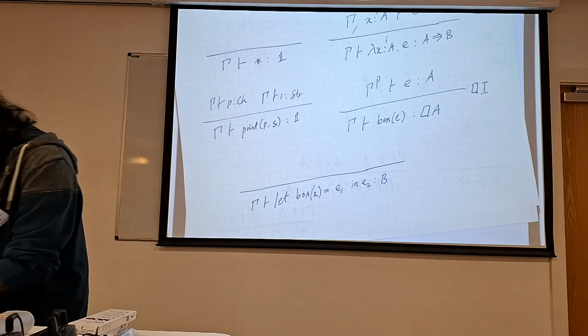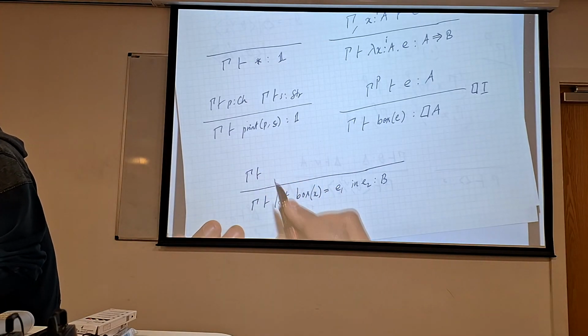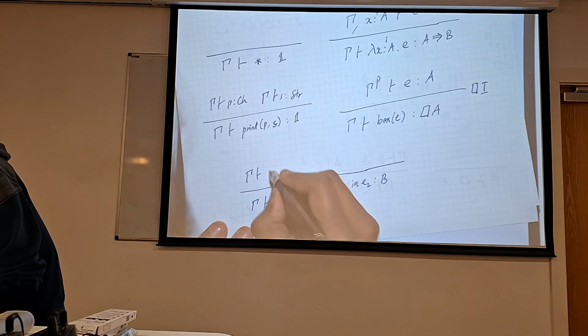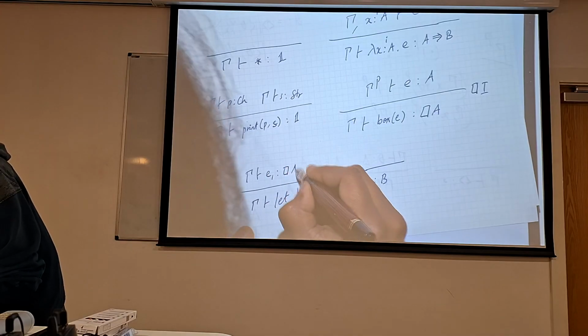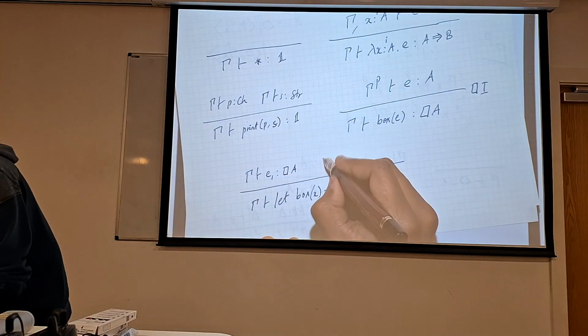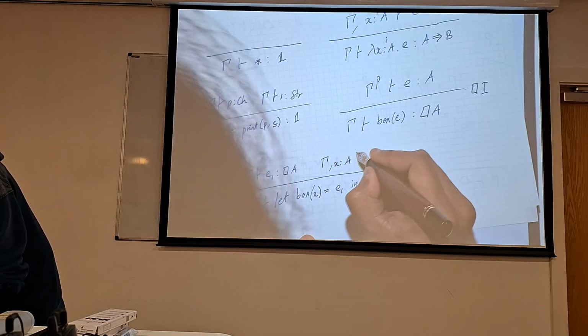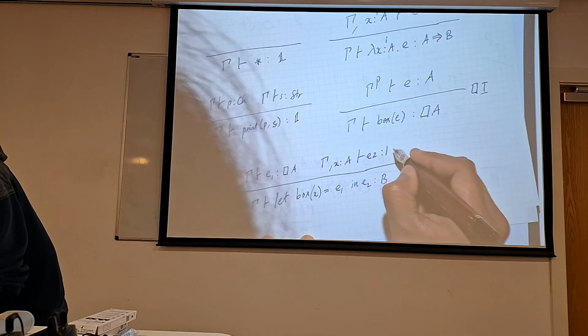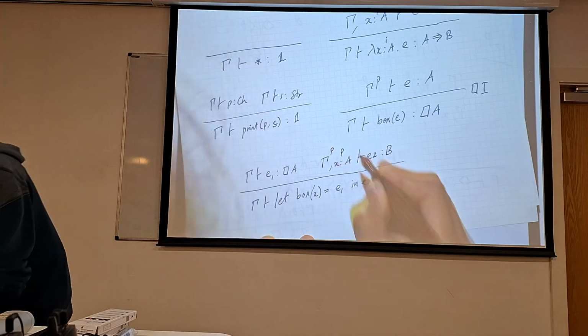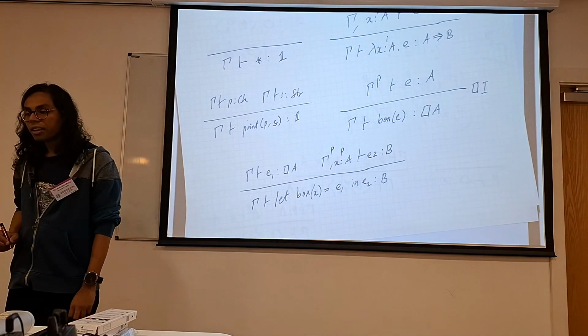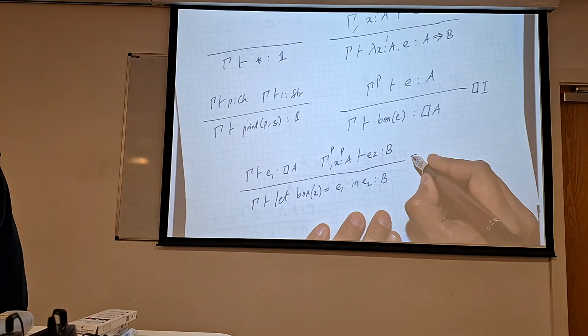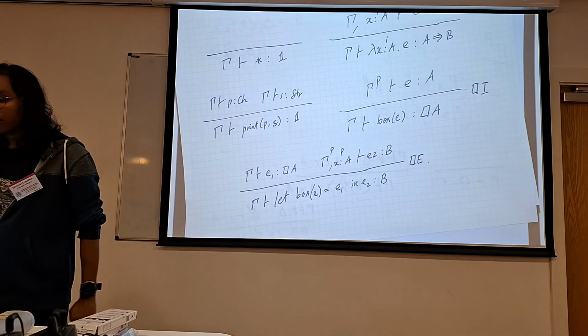Okay, so I know that gamma derives E1 box A, and if I capture A, so pure computation, then I can actually eliminate.